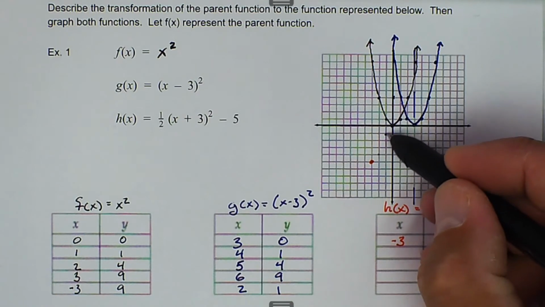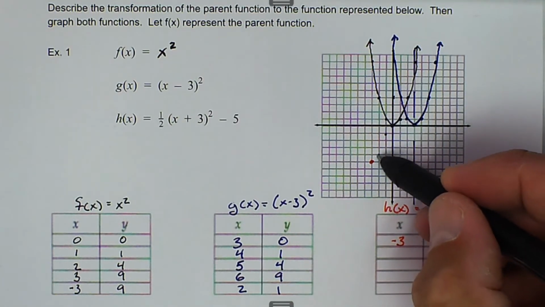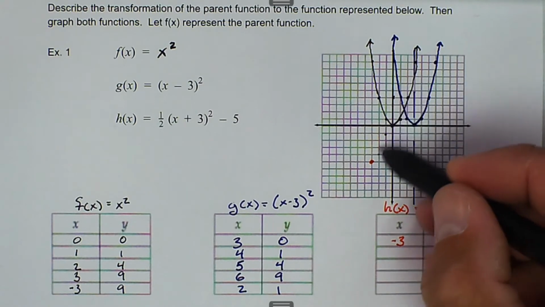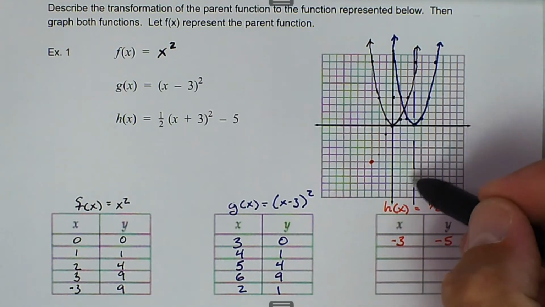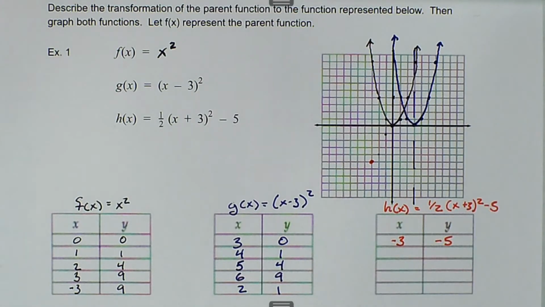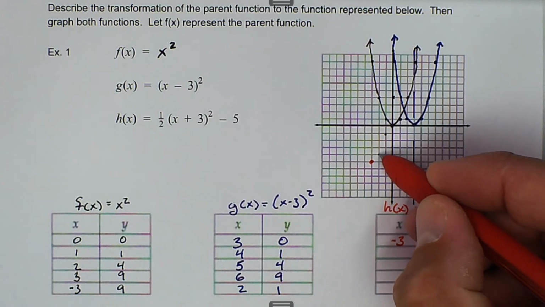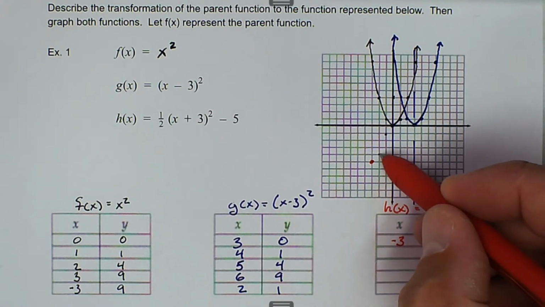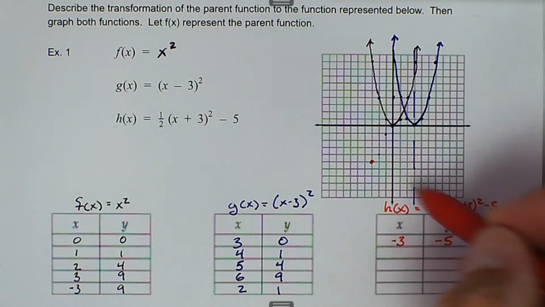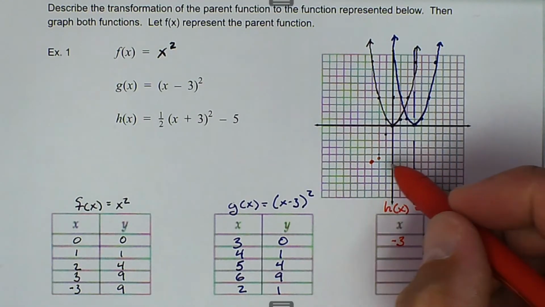Okay, so if we just took the parent function without this 1/2, our graph would look and go like that. But now we got to take those values and shrink them by 1/2. So we got to flatten this parabola out. So instead of going over 1, up 1, we're going to go up half of that. So up half of 1 is 1/2.